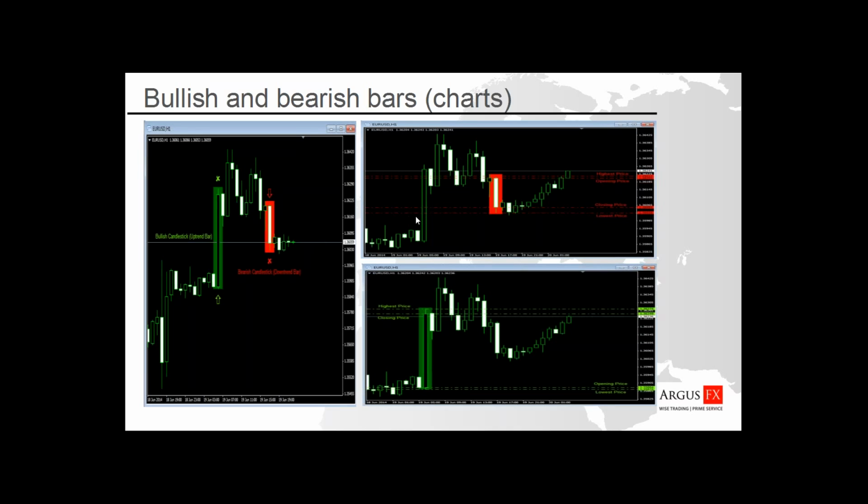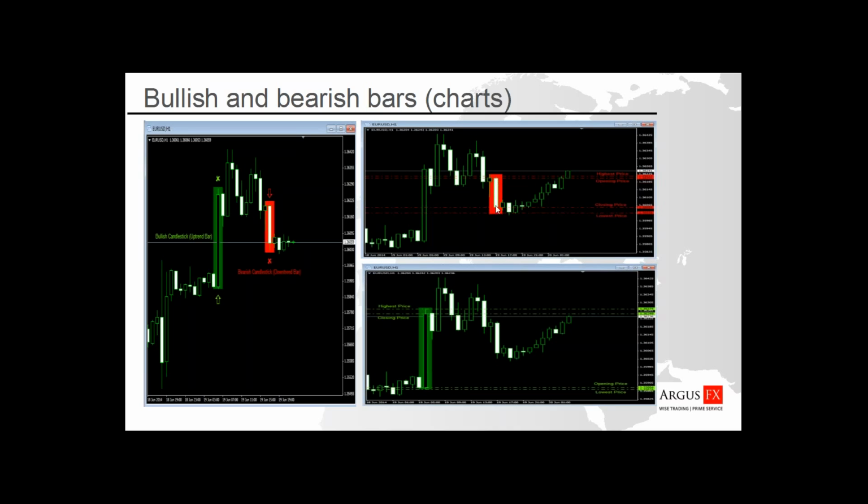Let's move on to the other chart we have. Let's analyze this bearish bar. As we said previously, a bearish bar opens high and closes low. So in this case, at this point, we have the opening price. The price came lower, lower, lower, lower, and closed at this point, prior to the opening of the next bar.